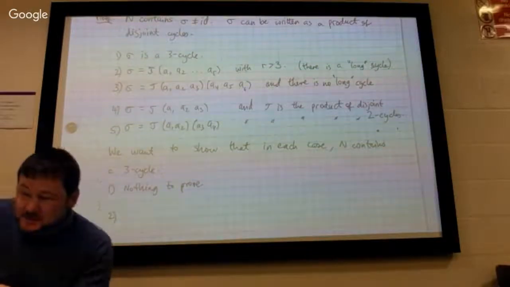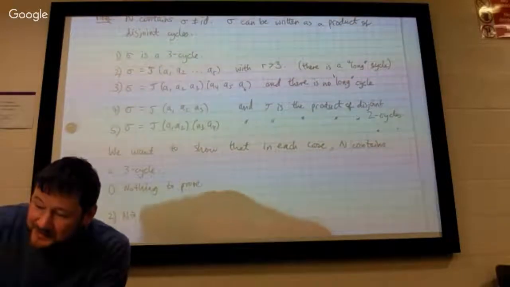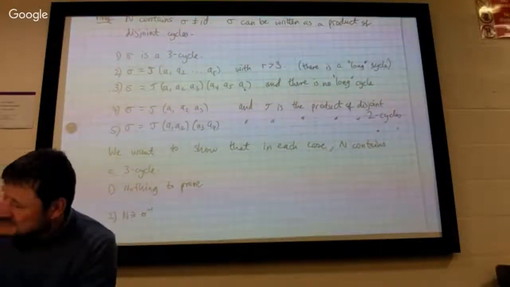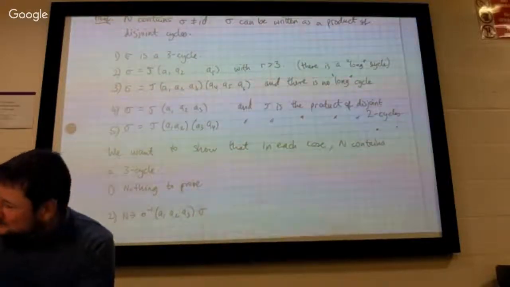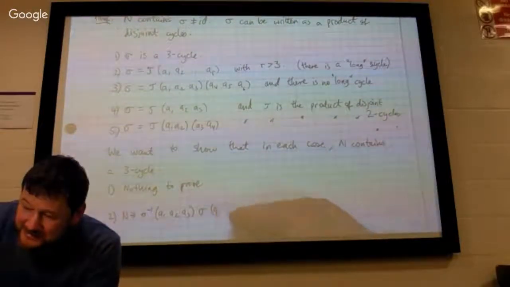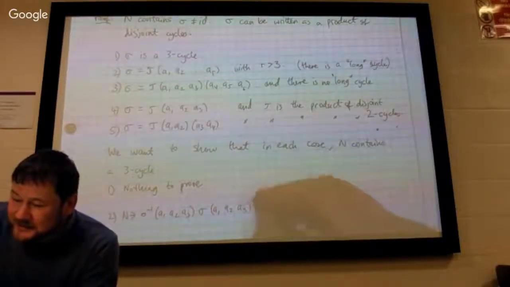Oh dear, now it's starting. Okay, so N contains sigma inverse A1, A2, A3, sigma A1, A2, A3 inverse.